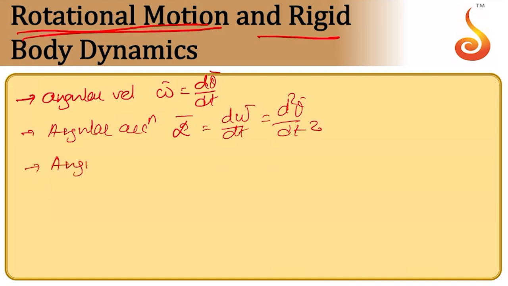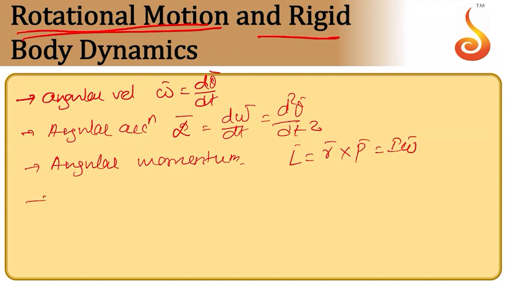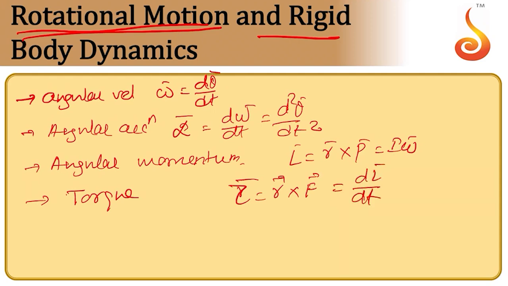Angular momentum is nothing but r cross p, that is I omega. And the rotational analog of force, which is torque, is given by tau is equal to r cross F, and this can also be written as the rate of change of angular momentum, dL divided by dt.